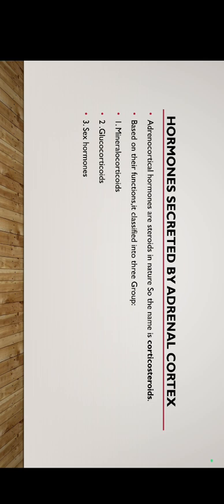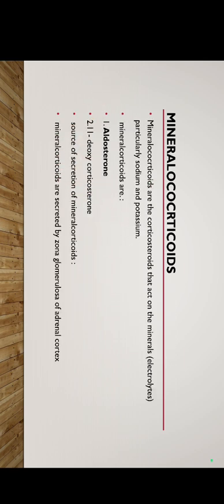Okay. Now, let's talk about the hormones secreted by the adrenal cortex. Adrenocortical hormones are steroids in nature, so the name is corticosteroids. Based on their function, they are classified into three groups: mineralocorticoids, glucocorticoids, and sex hormones. Let's talk about mineralocorticoids.